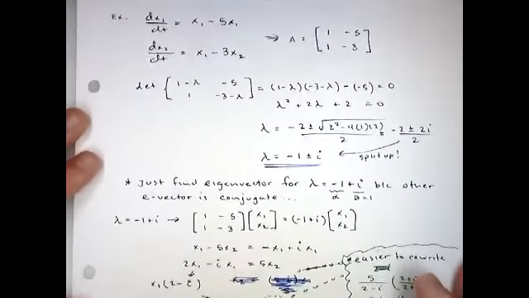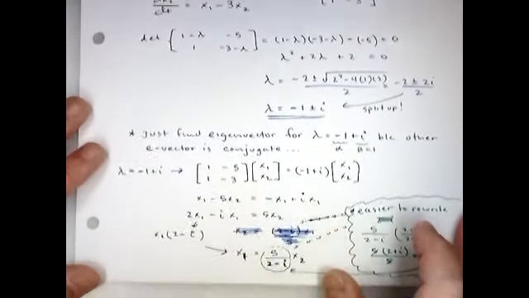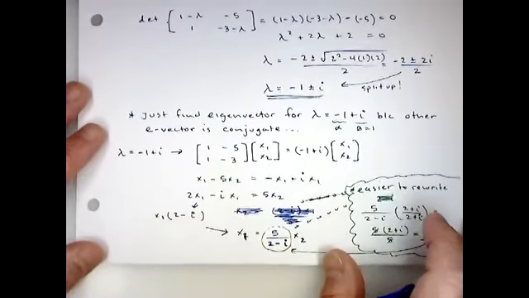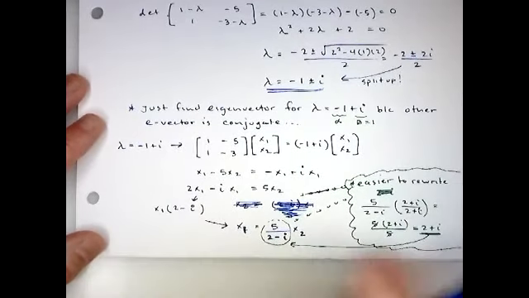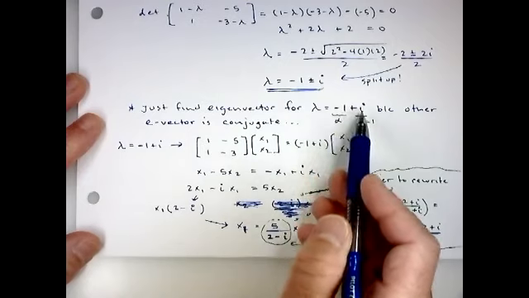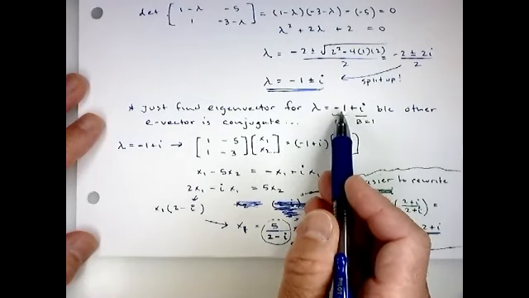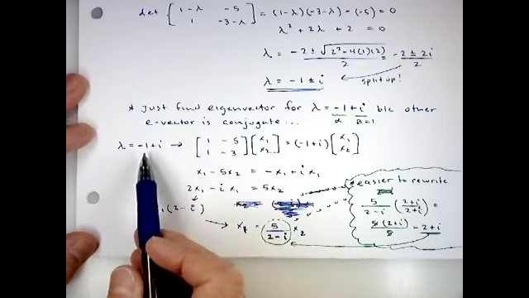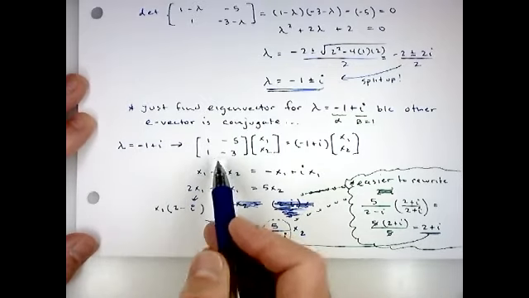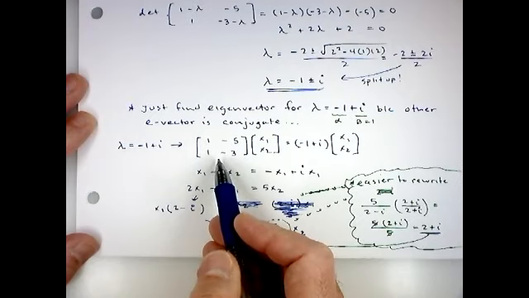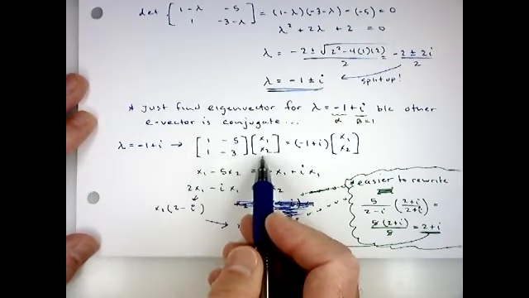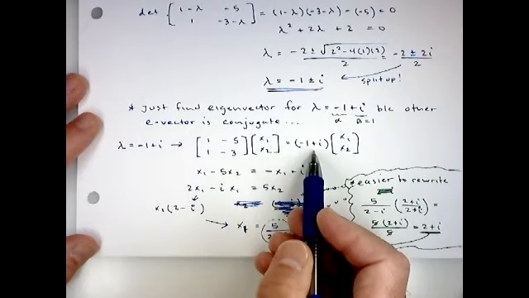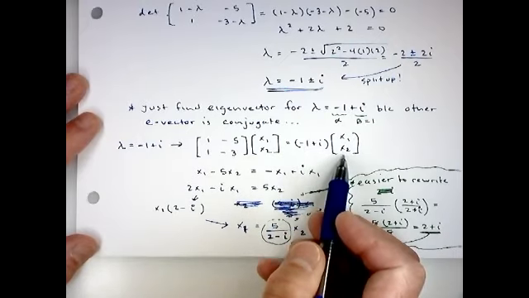As I alluded to before, we really just need to find the eigenvector for one of your eigenvalues. So let's just choose -1 plus i. So my alpha is -1, my beta is 1. We do it the same way. How we were finding our eigenvectors is we took our matrix times the eigenvector, which we have to find out what it is, equals the eigenvalue times my eigenvector.